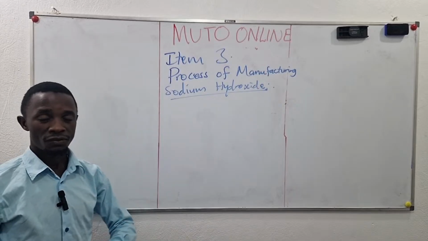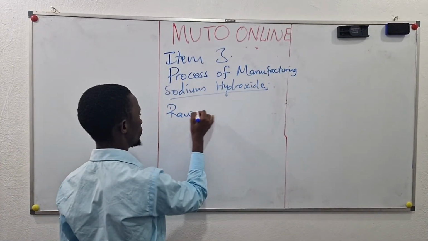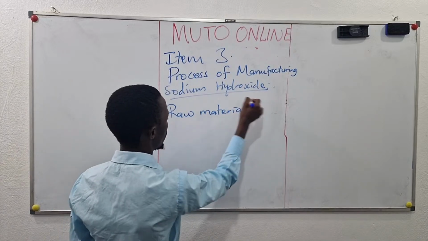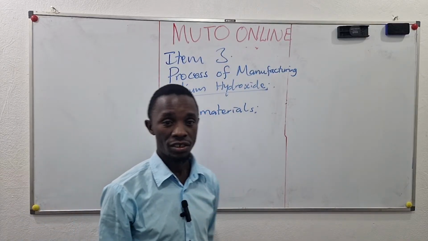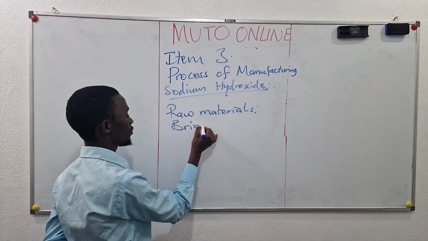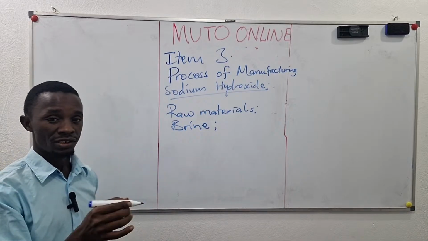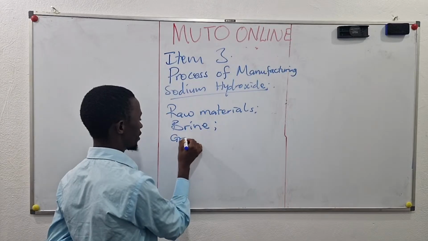Remember, the raw materials for this process of production are simply concentrated sodium chloride solution, which is usually known as brine. You can alternatively call it concentrated sodium chloride solution. We need graphite.